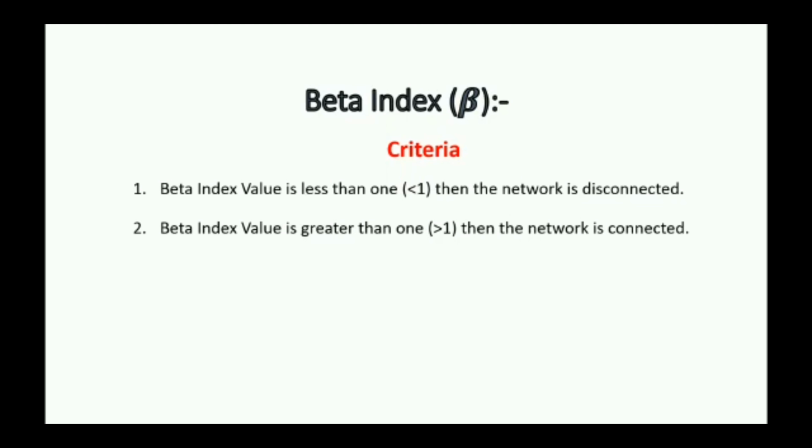The first criteria is if the beta index value is less than 1, then it shows the network is disconnected. And the second criteria is if the beta index value is greater than 1, then it indicates the network is connected.